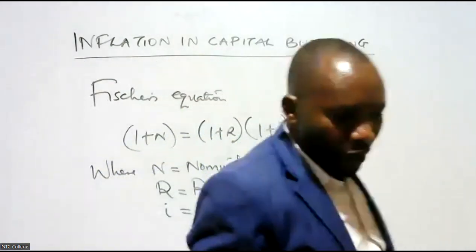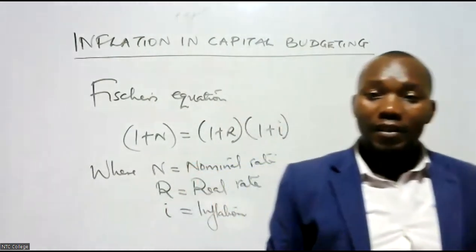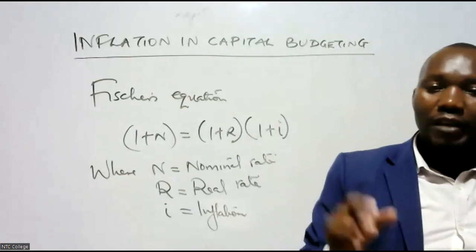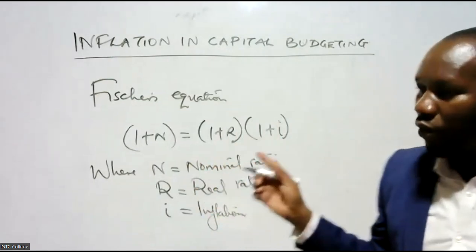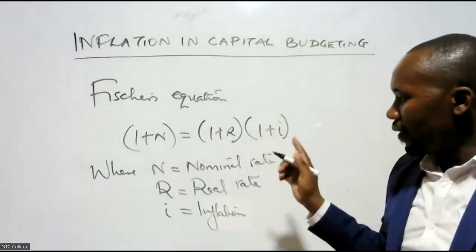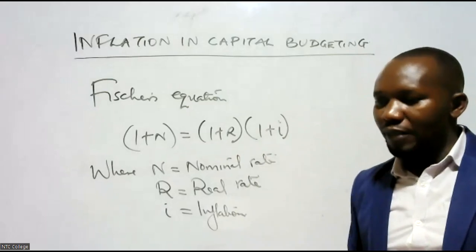Now, we know that you can get the NPV by discounting. And whenever you are discounting the cash flows, you normally use the rate of return or discounting rate. Then you calculate the NPV.